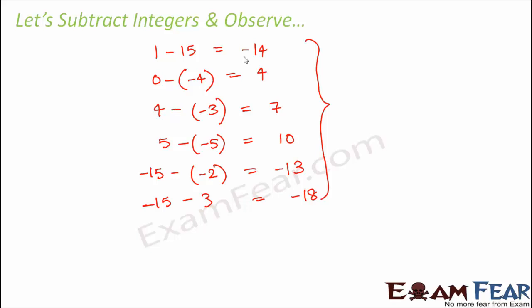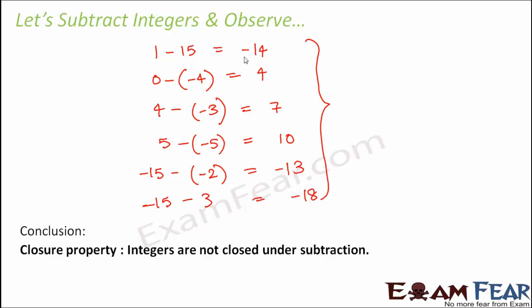Every time we subtract two integers, we get another integer. So can we say that integers are closed under subtraction? Yes. So integers are also closed under subtraction.